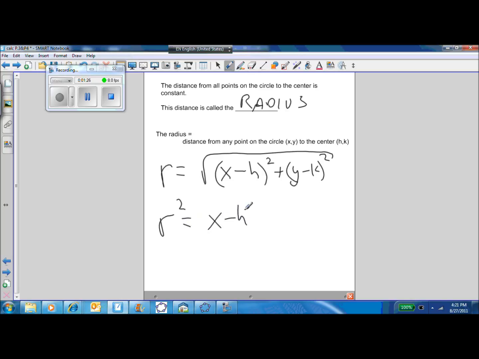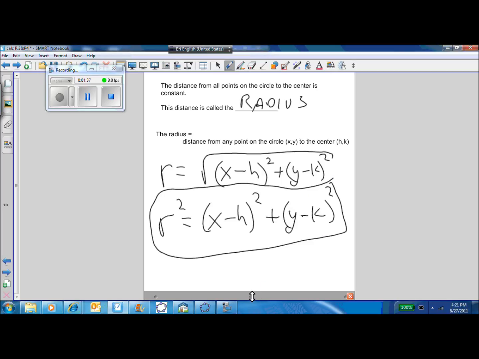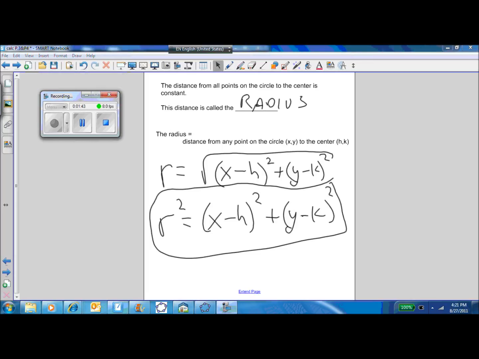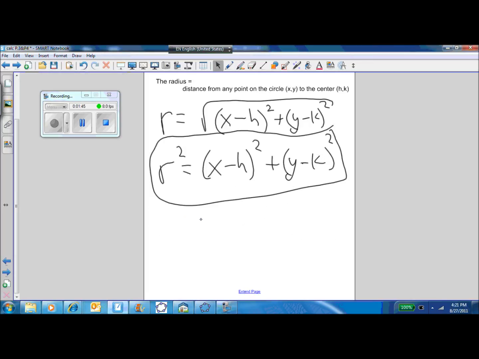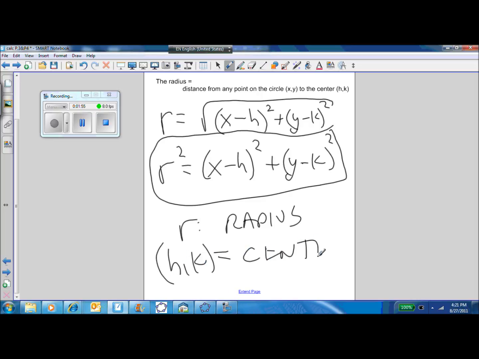And that's your standard form for the circle. (x minus h) squared plus (y minus k) squared equals r squared, where of course r equals the radius, and (h, k) is the center of the circle.